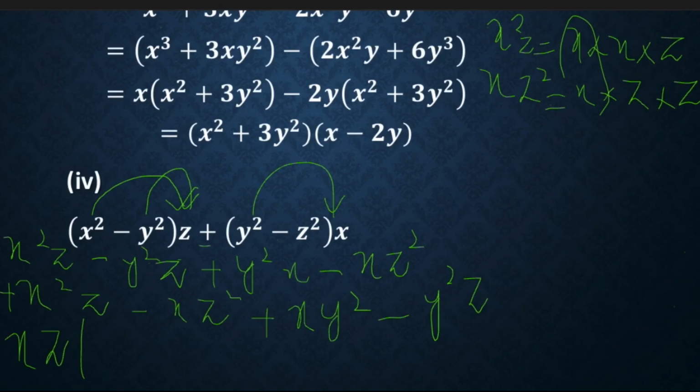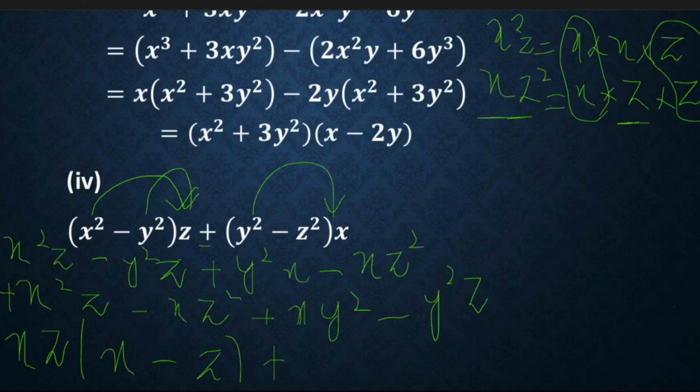So what can we take common? X and z. Taking common xz, we will be left with x. Writing that x here, then sign minus. From this term we are left with z. Writing that z here, then sign plus.